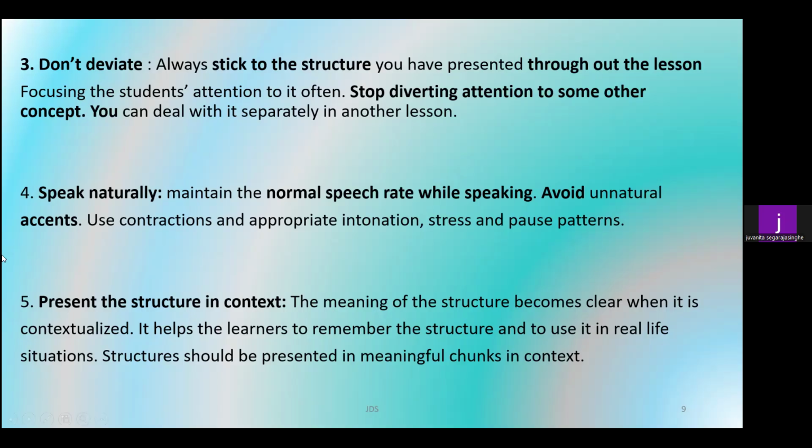Then the fourth important point that we need to follow is speak naturally. Use a normal speech rate while explaining, giving examples, eliciting answers. Don't be in a hurry. Be very calm and use a normal speech rate while speaking.